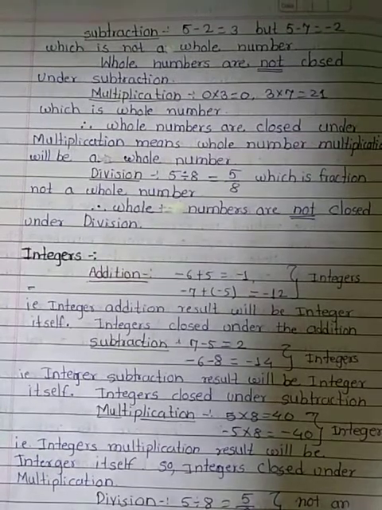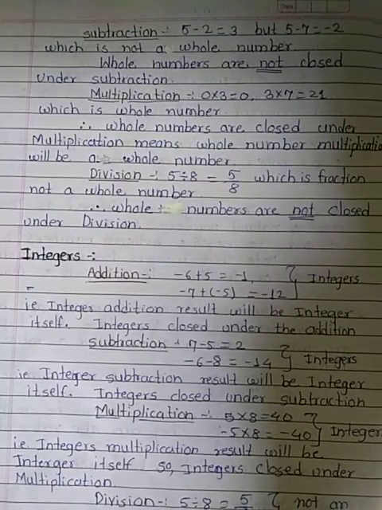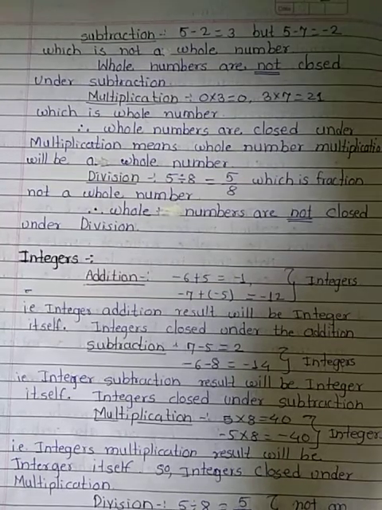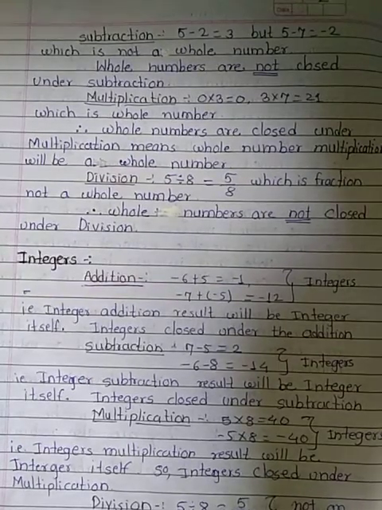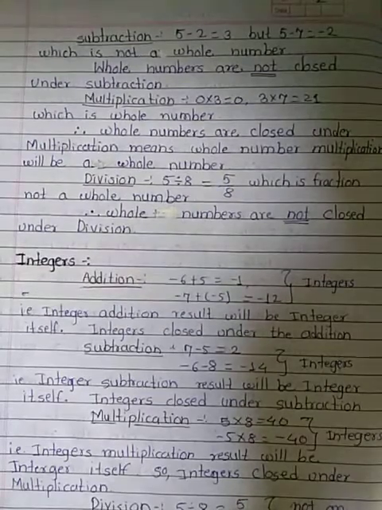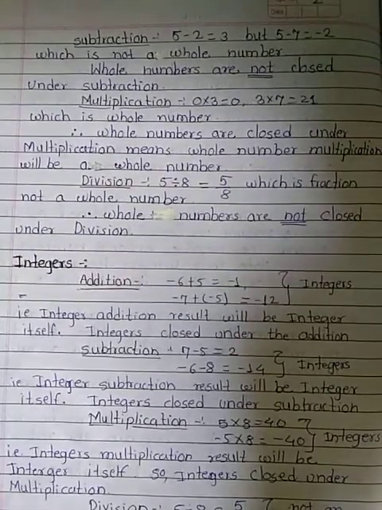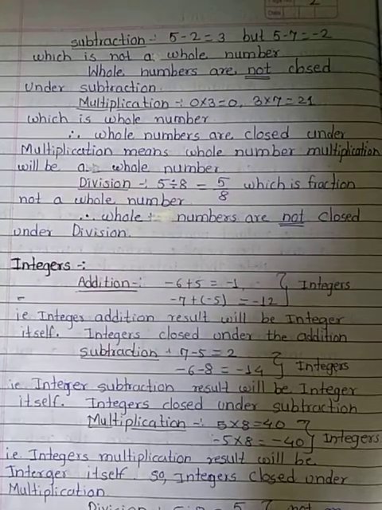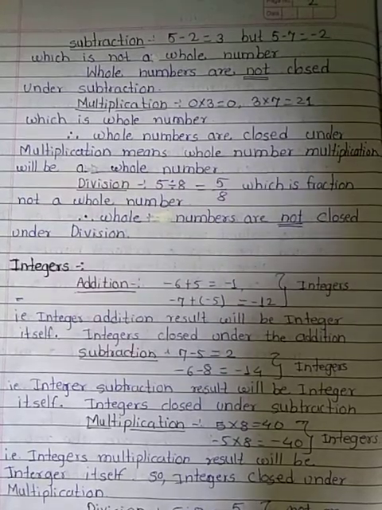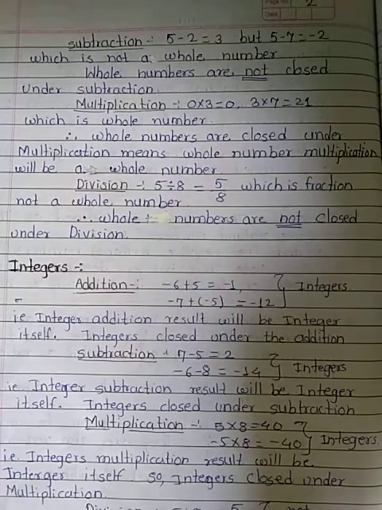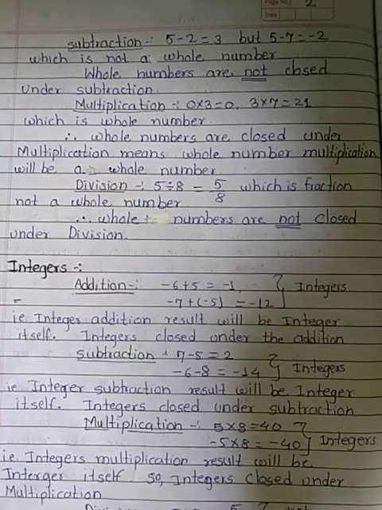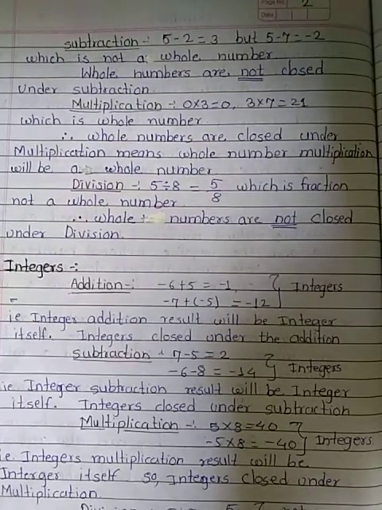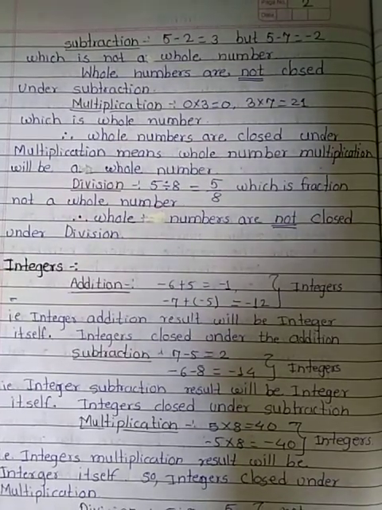So the difference between the whole number and integer properties is, integers are closed under the three operations: addition, subtraction and multiplication. And whenever we do multiplication of two integers, the answer will be an integer itself.